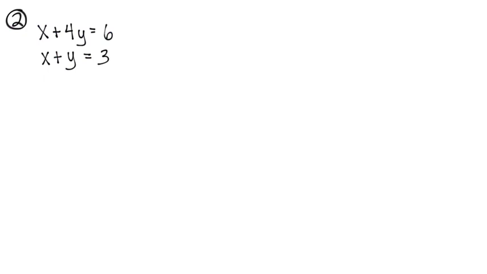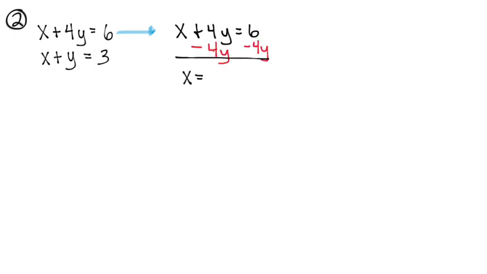Let's take a look at this one. I have x plus 4y equals 6 and x plus y equals 3. Well, how do I solve for this? Well, I can just choose to solve for one of the variables. I'm going to solve here for x and get x equals negative 4y plus 6.